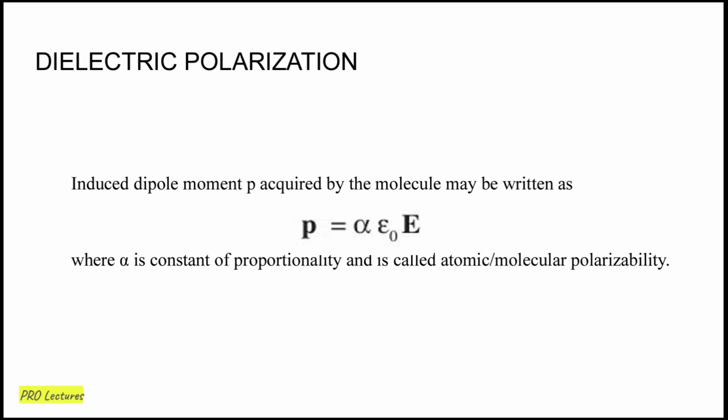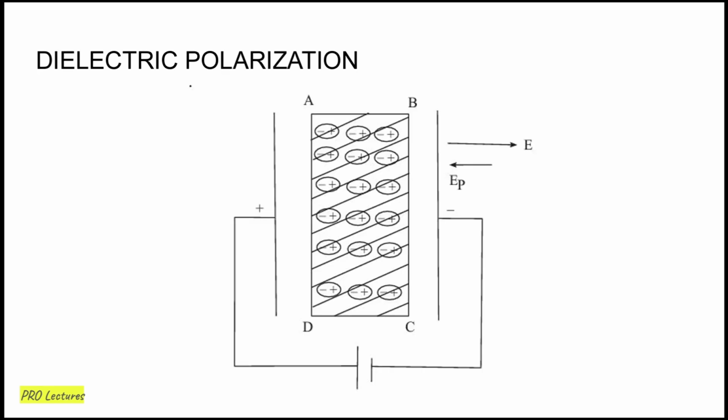Mathematically, the dipole moment induced in the molecule is related to the electric field by P = A epsilon naught E, where P is the dipole moment, A is the constant of proportionality and is called atomic or molecular polarizability, and epsilon naught is the permittivity of free space.